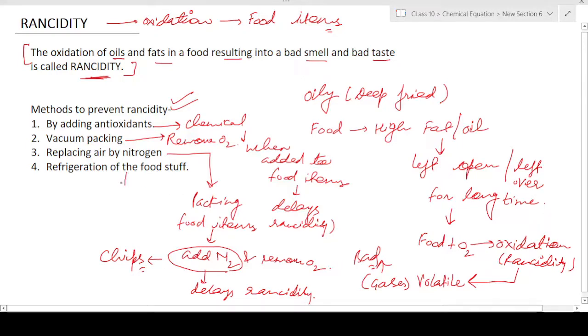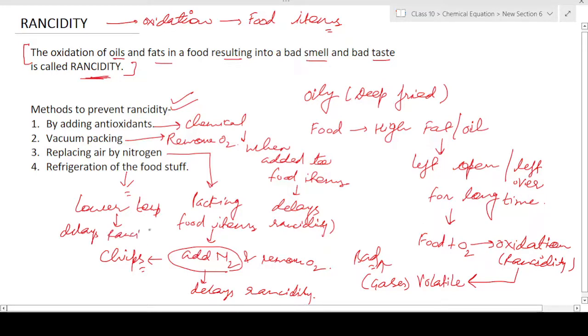Now refrigeration of foodstuff, you all know this is a very common practice in the home also, that whatever is left we put inside the fridge, because inside the fridge there is a lower temperature, and this lower temperature delays rancidity.